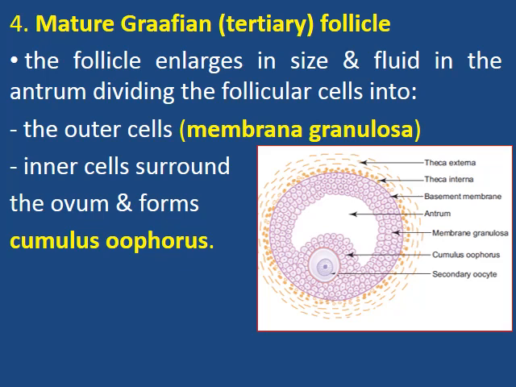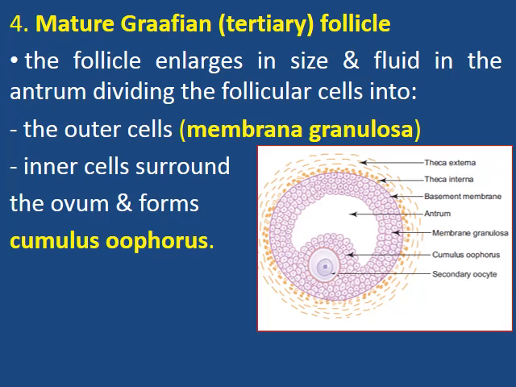Lastly, the follicle becomes the mature Graafian follicle or tertiary follicle. Here the follicle enlarges in size and fluid in the antrum divides the follicular cells into outer cells, that is the membrana granulosa, and inner cells that surround the ovum and form the cumulus oophorus.